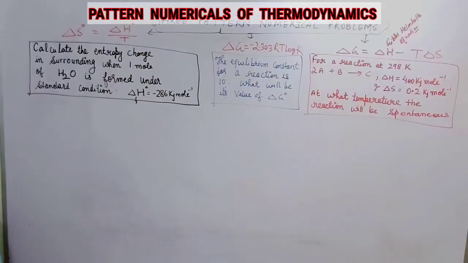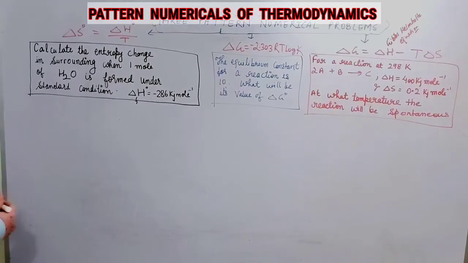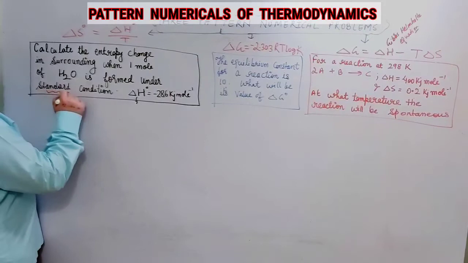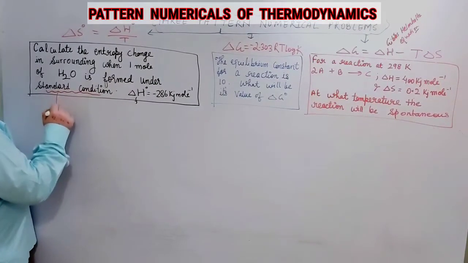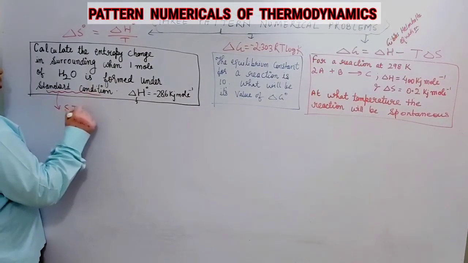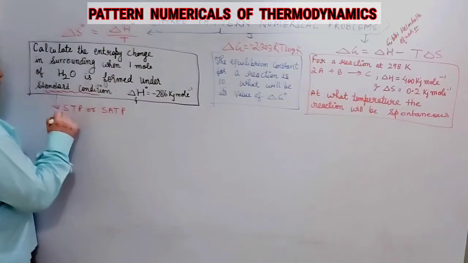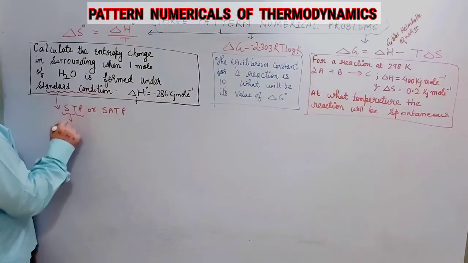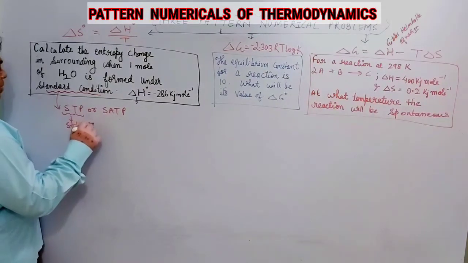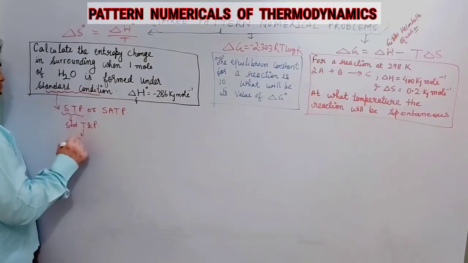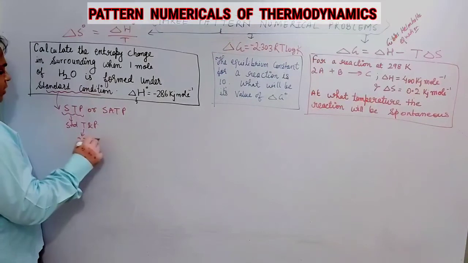Calculate the entropy in surrounding when 1 mole of H2O is formed under standard condition. Now whenever there is a word like standard condition, it will mean STP or SATP. There is a difference between these. STP means standard temperature and pressure, in which temperature has to be 273.15 Kelvin.